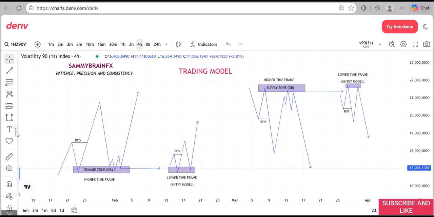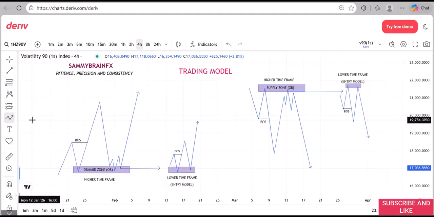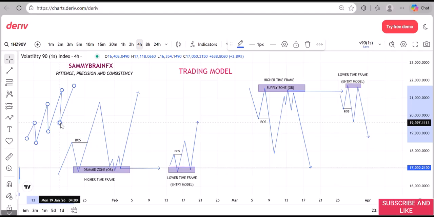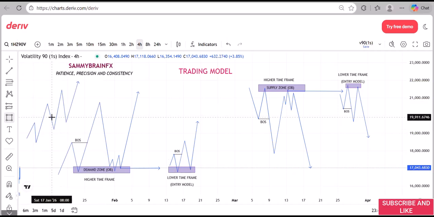For example, if we are having a bullish market, a market that is making a series of higher highs, higher lows, in this kind of market we can spot out a bullish demand zone, looking at buying.